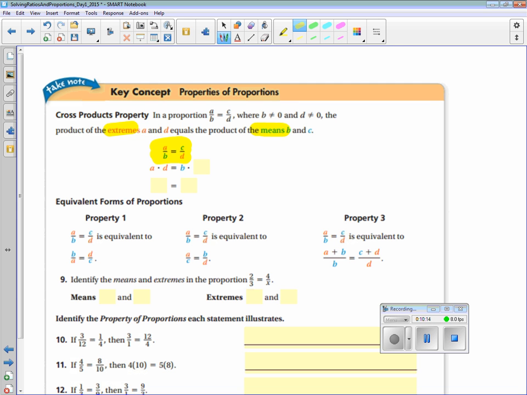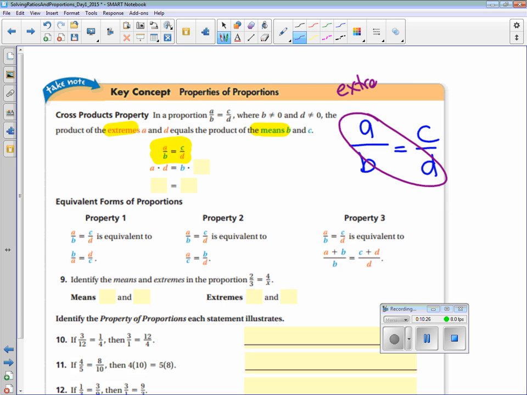I'll write it again so you know. You have A over B is equal to C over D. I know that these are the extremes, just some vocabulary, and I know that these are the means.